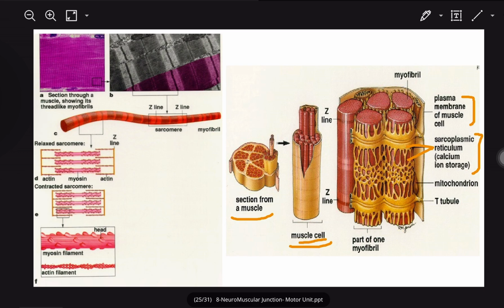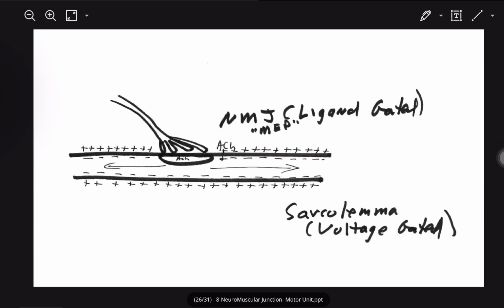This will lead to all of the section of the muscle to contract again, because as we said, when we have excitability, it will actually cause a whole reaction, let's say, compared to a small limited reaction.